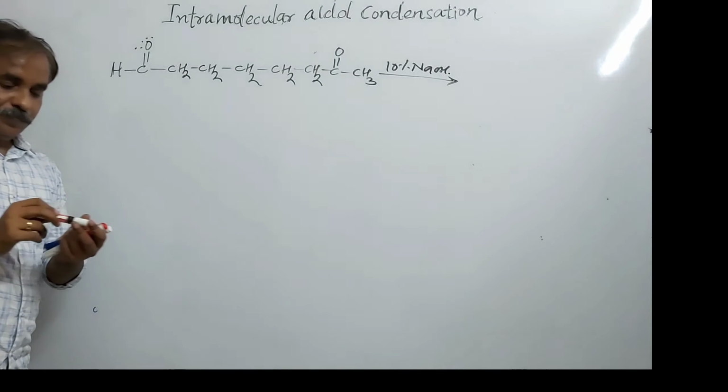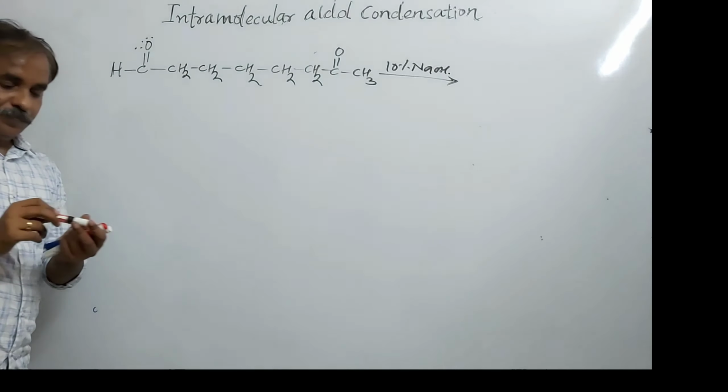Now, here this is the aldehydic end, and this is the ketonic end, because here the carbonyl group is surrounded by 2 carbon atoms. Can you tell me whether this compound is aldehyde or ketone? Here priority goes to aldehydic functionality, and this compound is aldehyde.